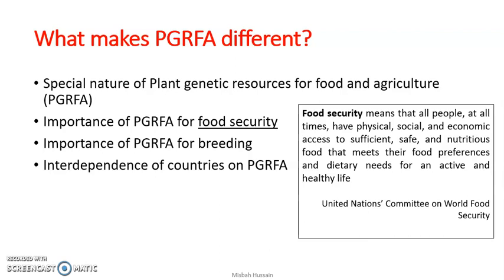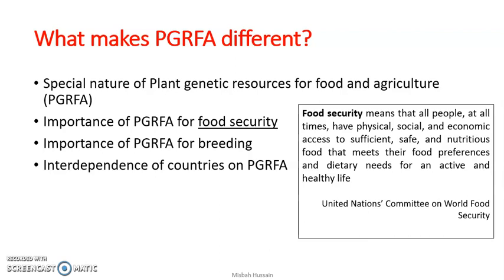Food security means that all people should have access to sufficient nutritious food, and there should not be anyone who cannot buy or access food. And thirdly, they are important for plant breeding, because if we have the knowledge of plant genetic resources for food and agriculture, then we can use this knowledge for generating good varieties.